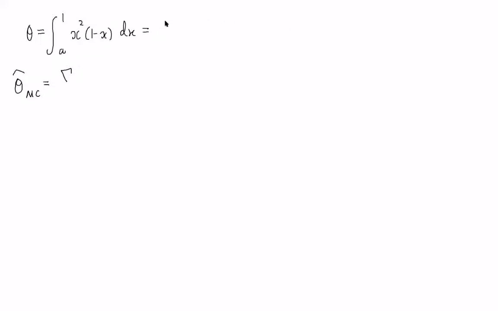It was the expectation of x squared times 1 minus x, over 1 over 1 minus a, where your x is uniform a to 1.